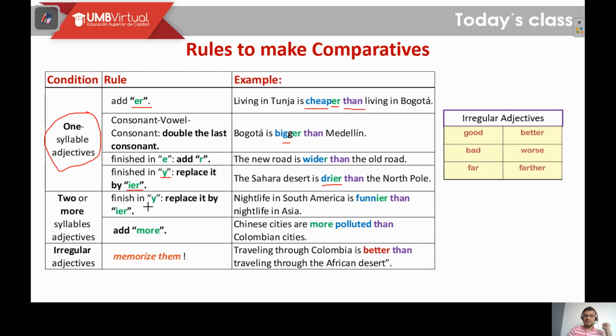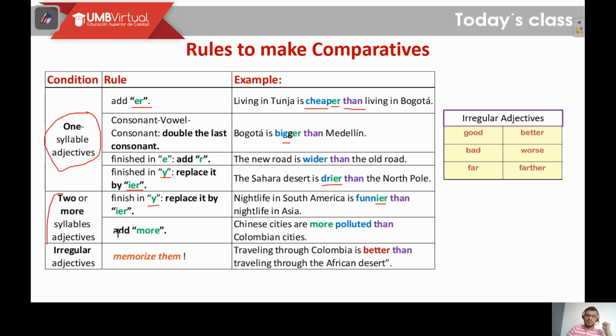Okay, if it finishes in Y and we have two more syllables, we are going to replace it for IER. Funny, funnier. We're talking about two or more syllables.